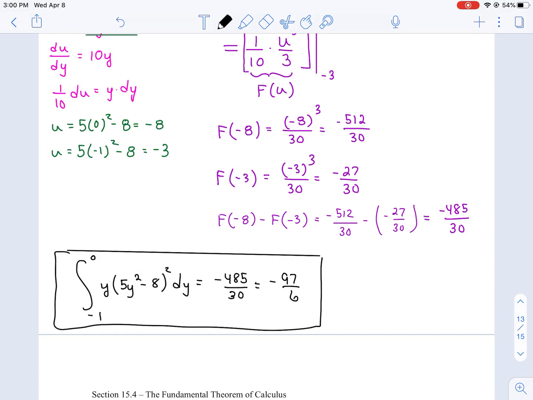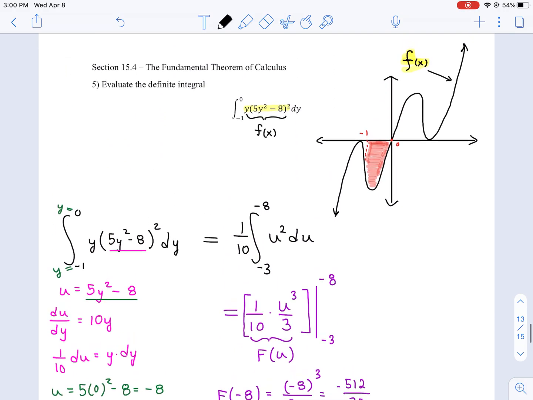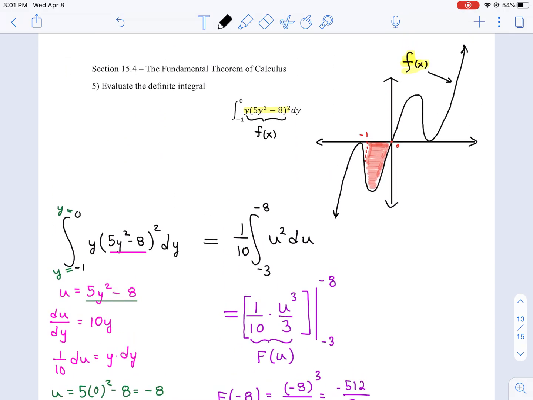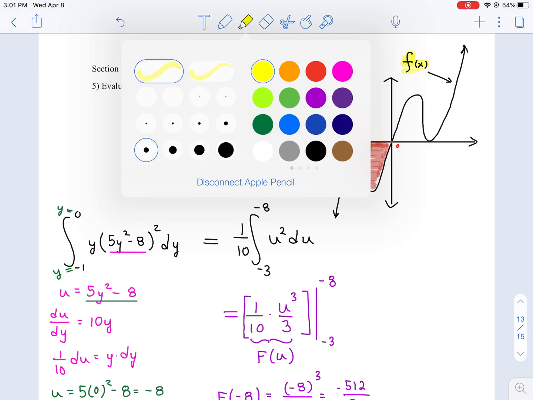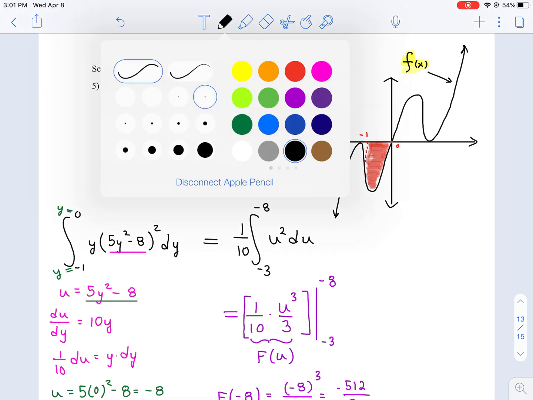So what does -97/6 mean? What does that value represent? So earlier I mentioned that I sketched f of x, and we noticed it was continuous between -1 and 0, and I highlighted the area between -1 and 0, and I highlighted that in red.